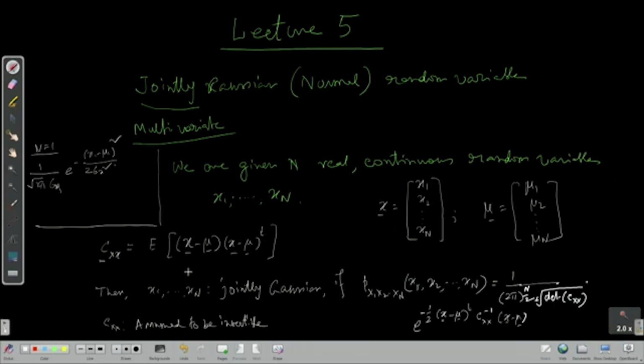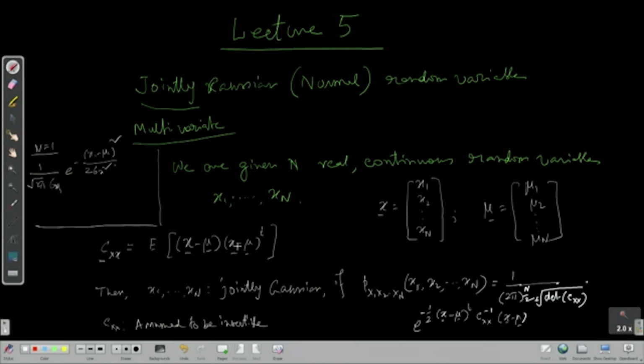Because if you take the ith element, in the previous class we have said, if you take the ith element and jth element, the ith comma jth element will be xi minus mu i times xj minus mu j, and their expectation, which is the covariance between xi and xj.